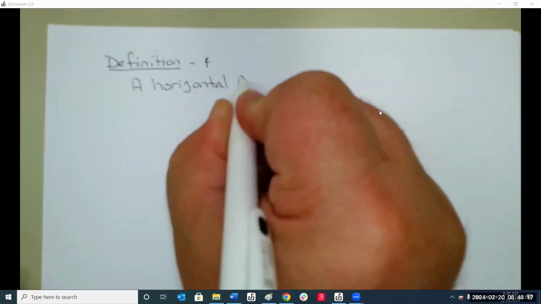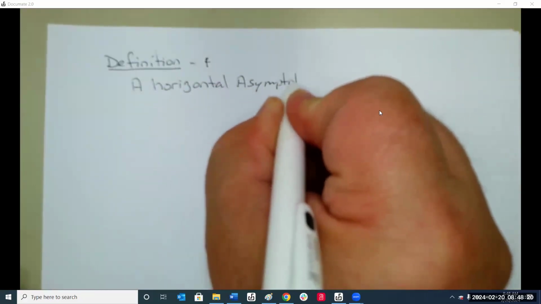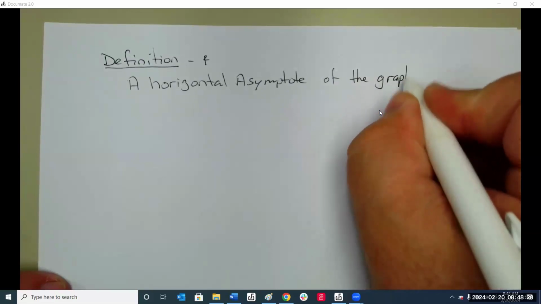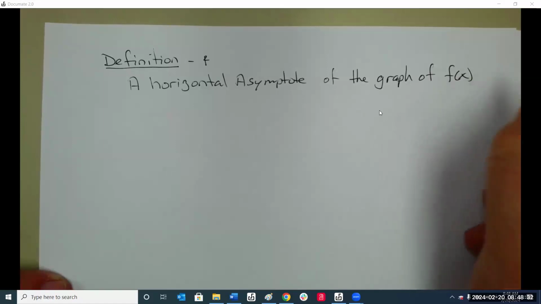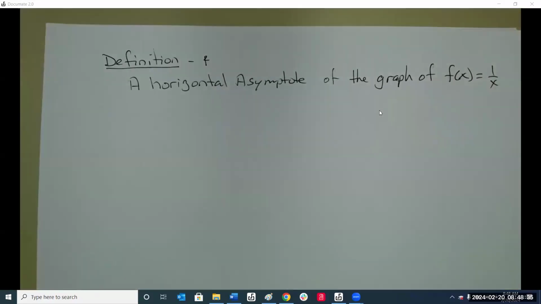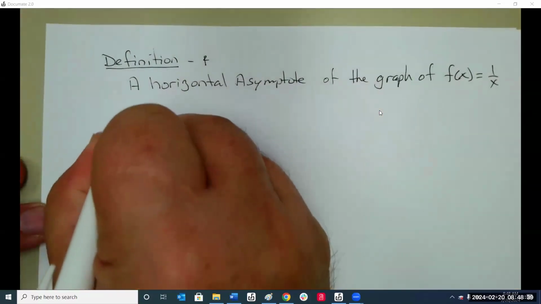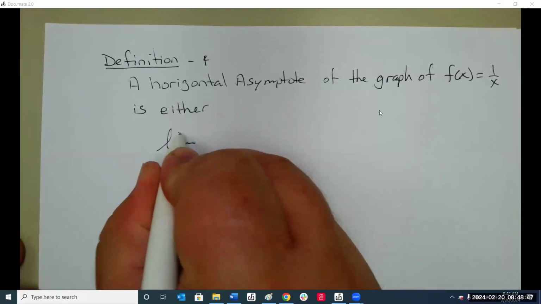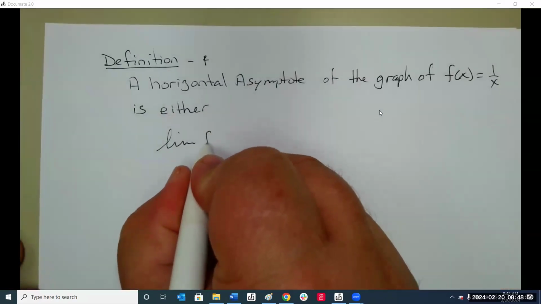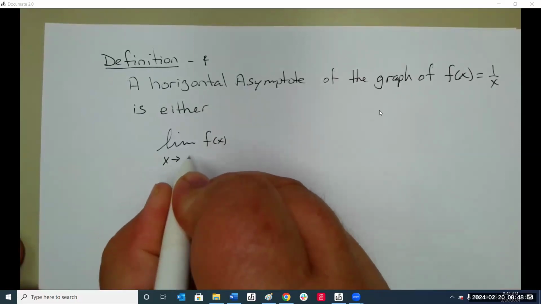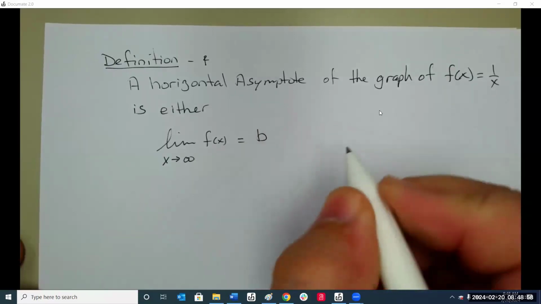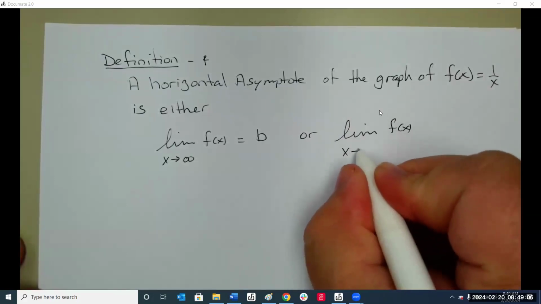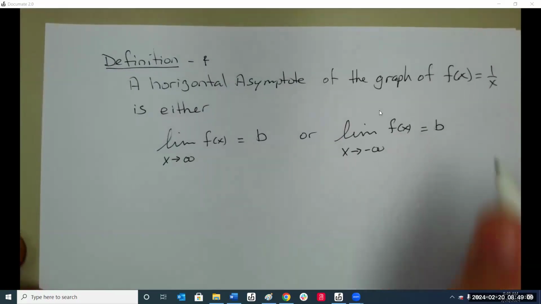A horizontal asymptote of the graph of a function, let's say 1/x, is either the limit of the function as x approaches infinity, or the limit of a function as x approaches negative infinity, b.